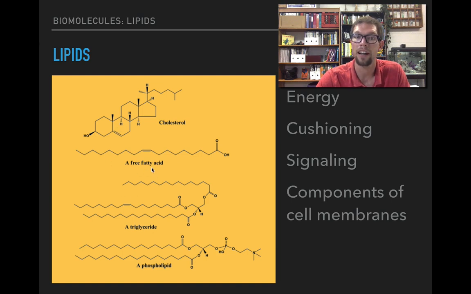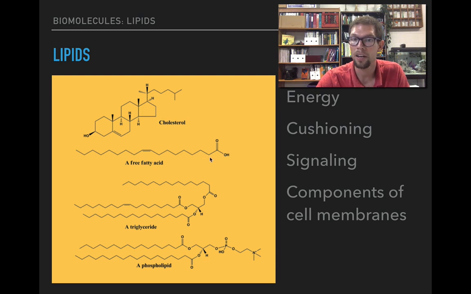We also have free fatty acids. If you look at this, you can see there's a lot of carbon-carbon bonds with some hydrogens coming off. And eventually this ends in a carboxyl group, also known as a carboxylic acid group. So you end up with free fatty acids.